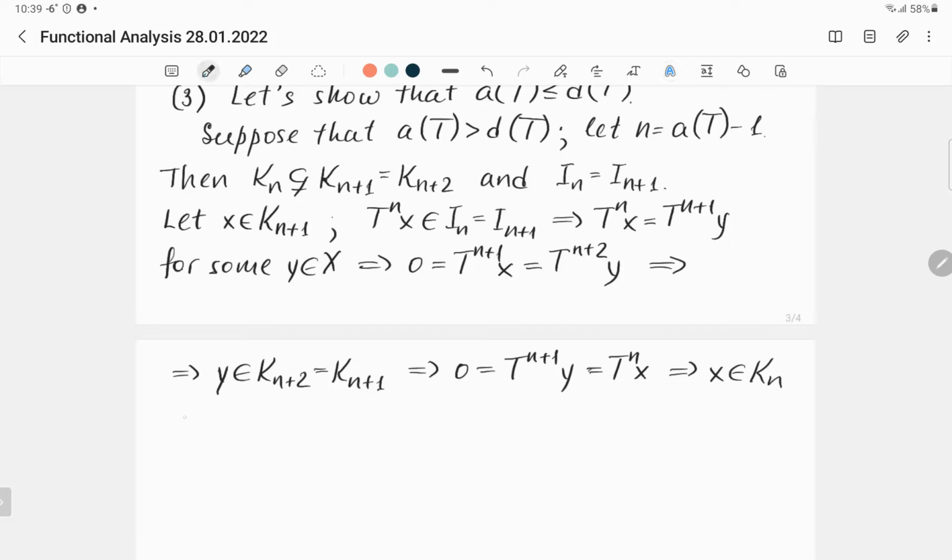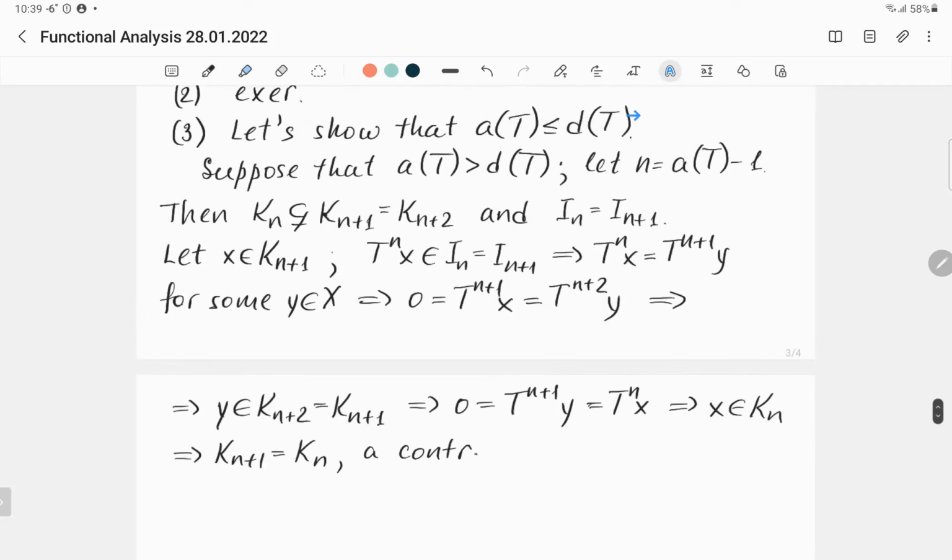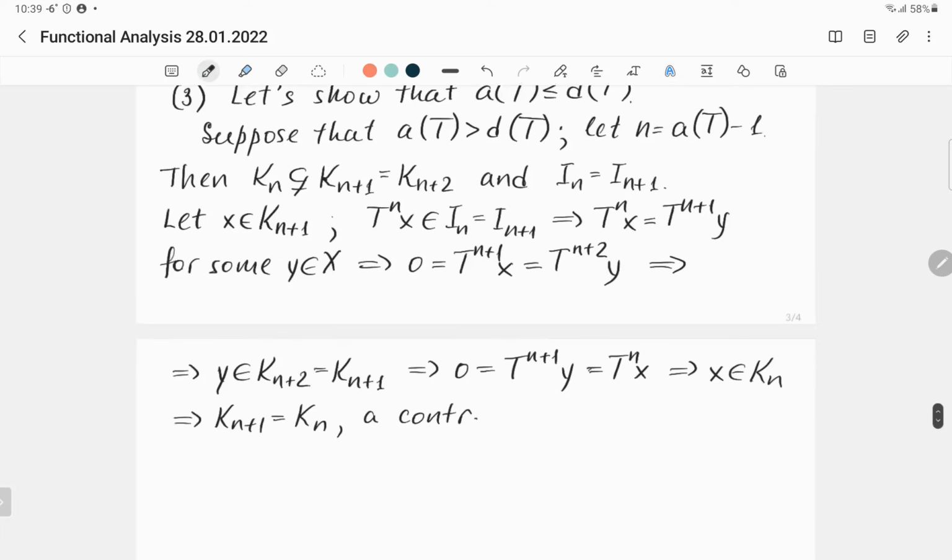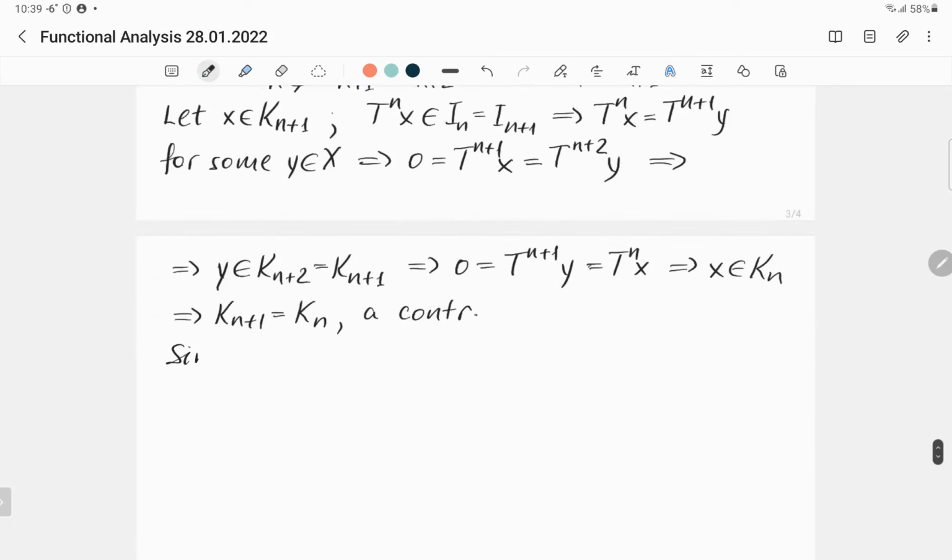So we deduce that Kn plus 1 is equal to Kn. And this is a contradiction, because we have already assumed that this inclusion is proper. So the contradiction implies that actually we have this inequality. The ascent is less than or equal to the descent. And the opposite inequality is a little exercise for you. The proof is similar.